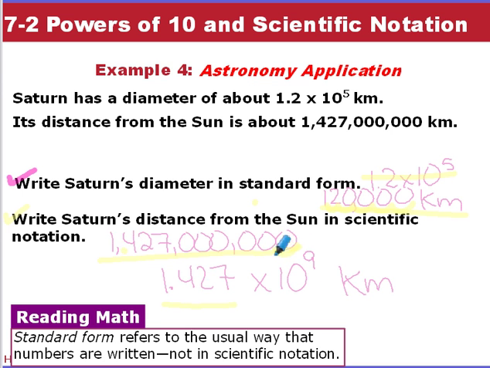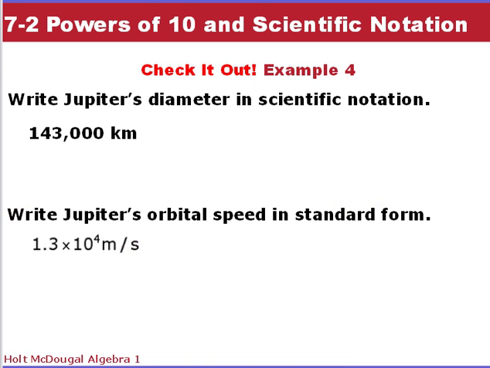We move it 1, 2, 3, 4, 5, 6, 7, 8, 9 to end up here. So it's going to be 1.427 times 10 to the 9th kilometers. Scientific notation has to have this first part, then times, using the X symbol for multiplication, a power of 10. It has to have all those components. Here's your check it out. Write Jupiter's diameter in scientific notation, and then write Jupiter's orbital speed in standard form.